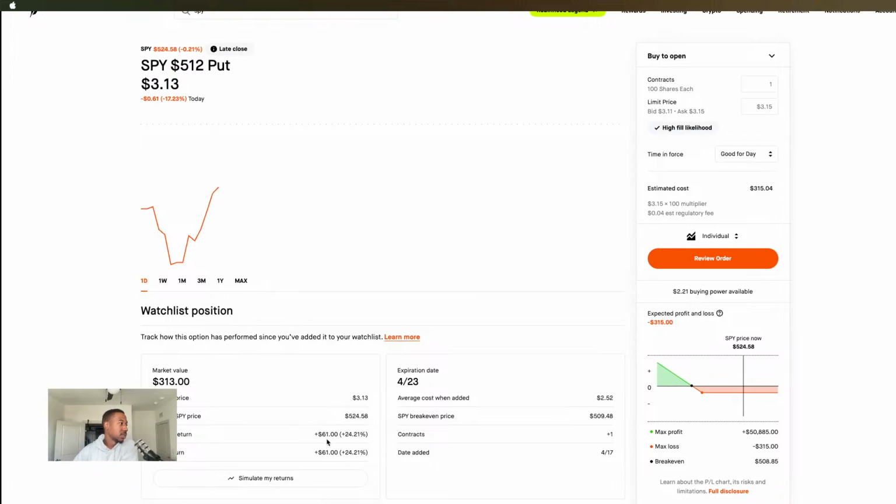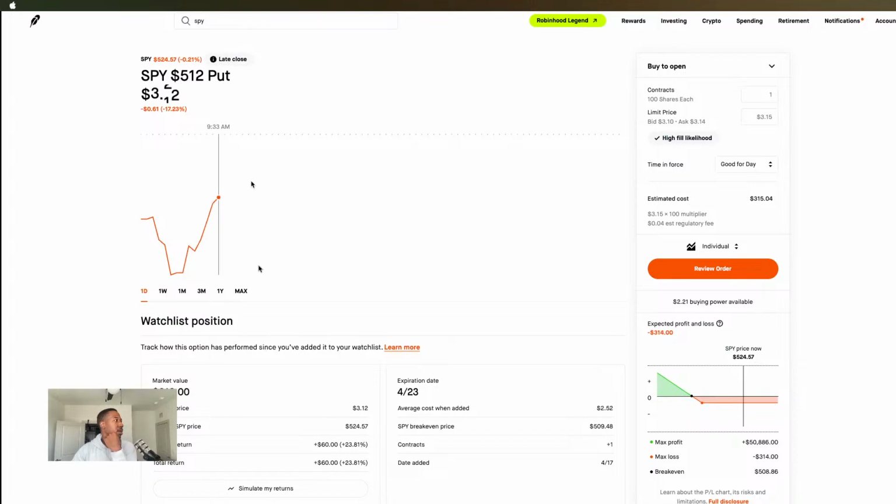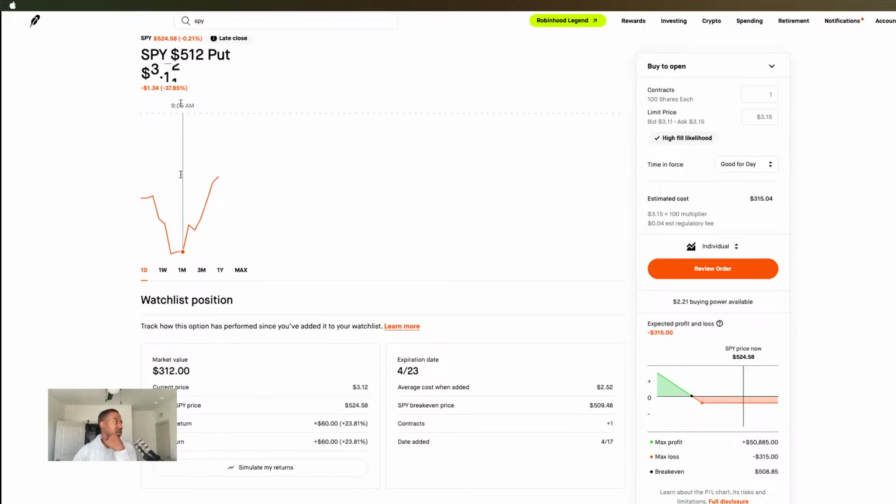You can see that the returns are currently being updated. I'm not sure just because I can't see it, but you would have to see. This is going to be the same as the app though. You would have to click on the option and click on the contract on the watch list, and then scroll down to see the little section where it shows this stuff.